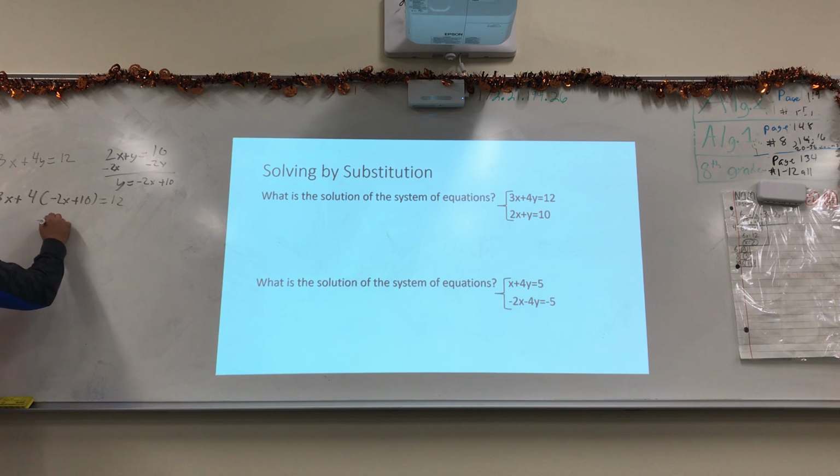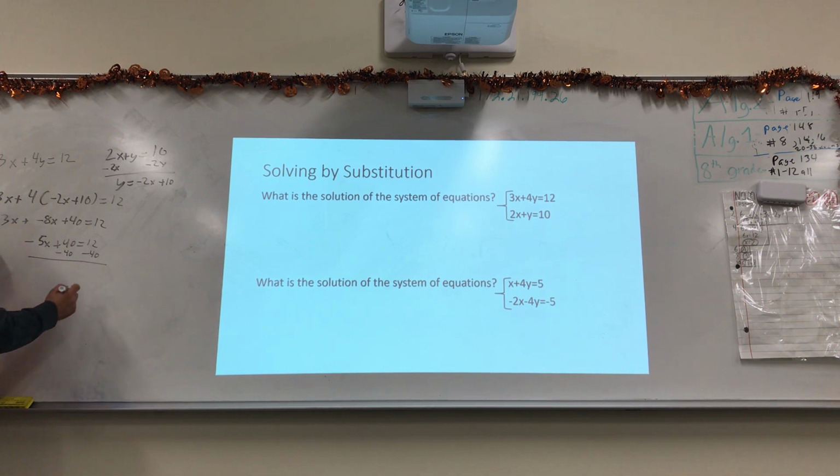Alright, you're going to distribute this 4 through there. You're going to get 3x plus negative 8x plus 40 equals 12. Okay, you're going to get negative 5x plus 40 equals 12. Now I'm going to minus 40 from both sides.